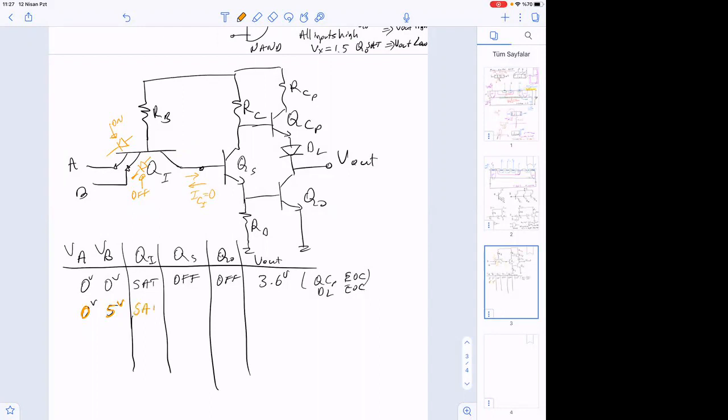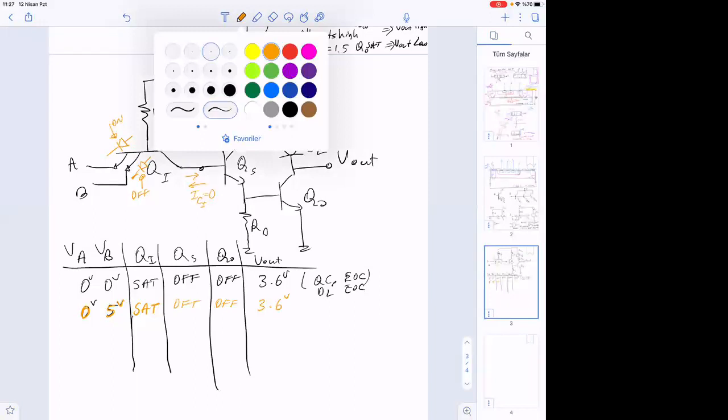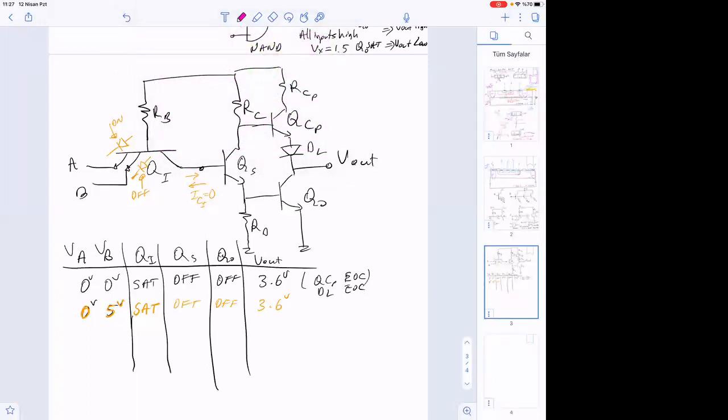So this will also be in SAT. Once that one is SAT, this will be off, this will be off, this will be 3.6 volt again. So the other case, let's say, is 5 volt to 0 volt. This will still be SAT, off, 3.6. Okay.